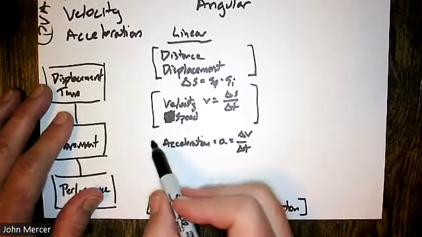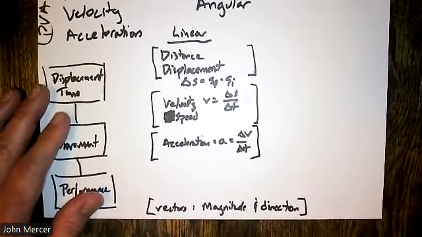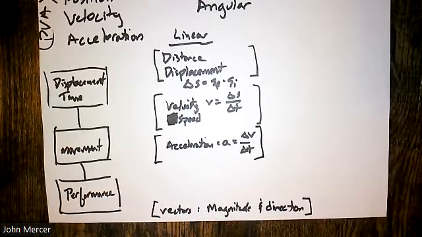I always use the example of a projectile. A projectile is any object that's flying through the air with the force of gravity being the only force acting on the object. It's going to undergo an acceleration of negative 9.8 meters per second squared. I'm sure you've heard that number before. That's simply telling us how fast velocity is changing.